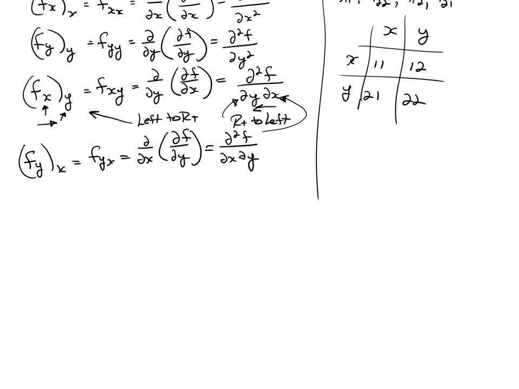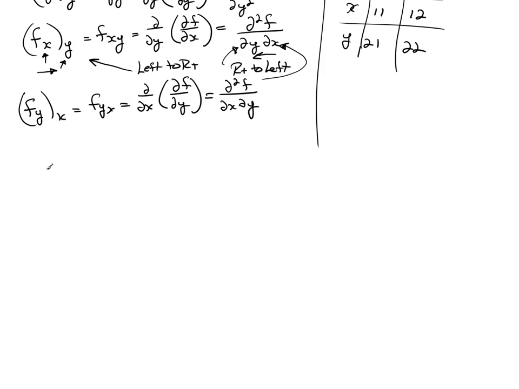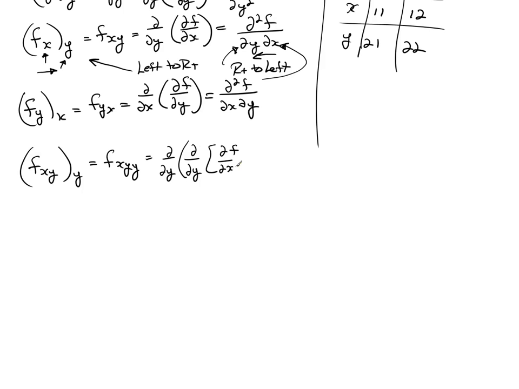Now, obviously, I can go even further with this. I could do the partial with respect to x and then y with respect to perhaps y. That I would write as f x, y, y, which is, if you follow the way I said that, I'm going to have the partial with respect to y of the partial with respect to y of the partial of f with respect to x.